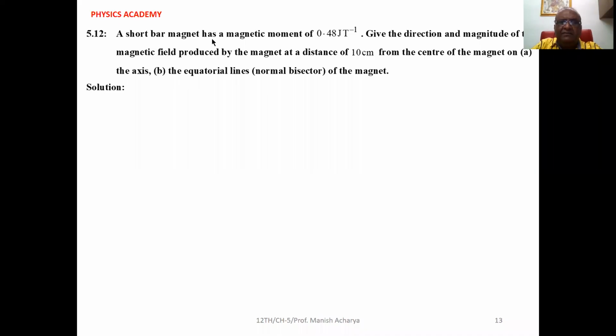5.12. A short bar magnet has a magnetic moment of 0.48 joule per Tesla. Give the direction and magnitude of the magnetic field produced by the magnet at a distance of 10 centimeter from the center of the magnet on A, the axis, B, the equatorial line of the magnet.